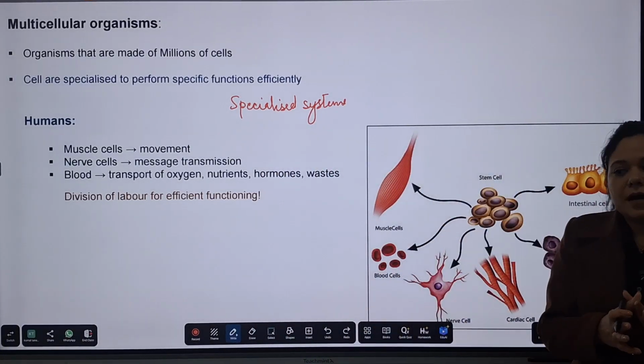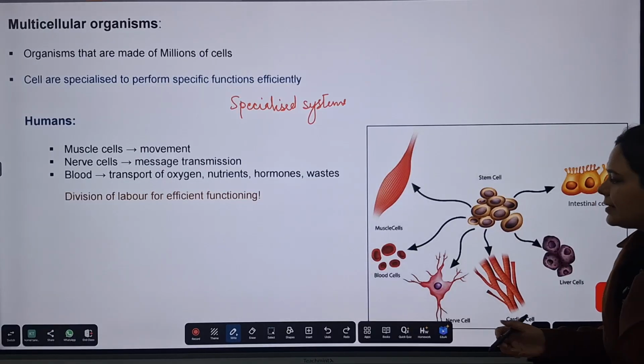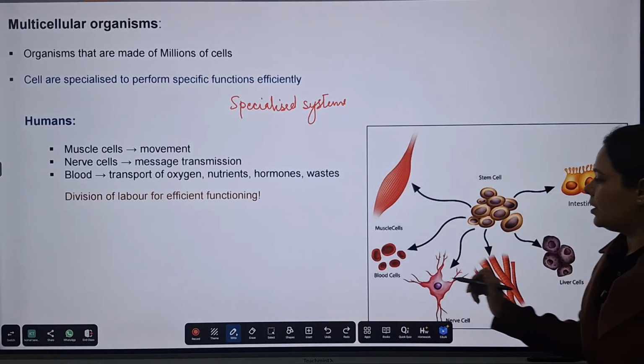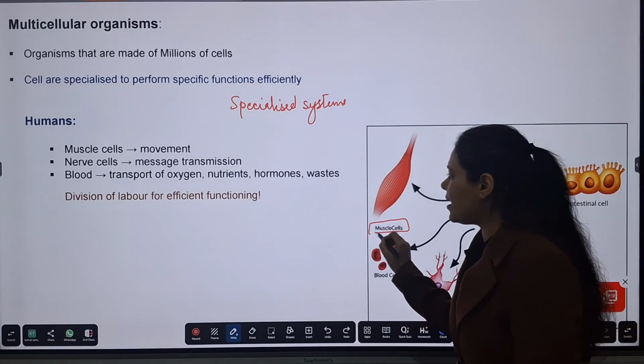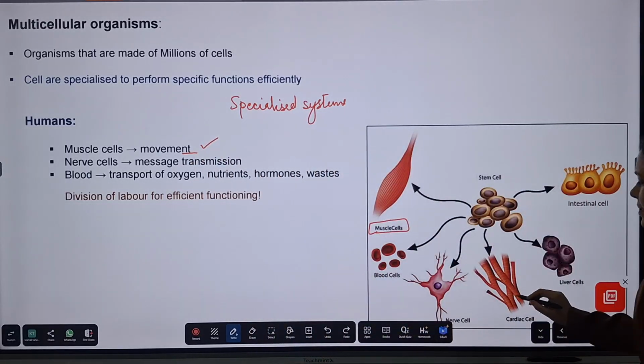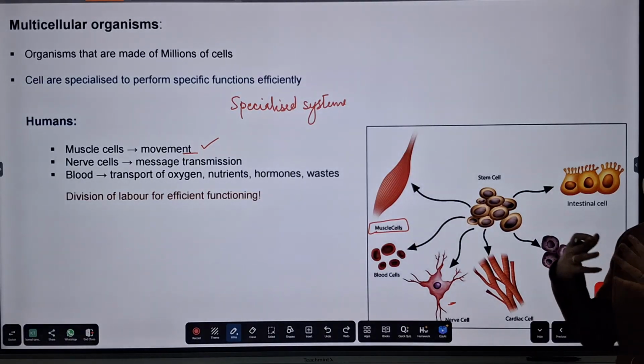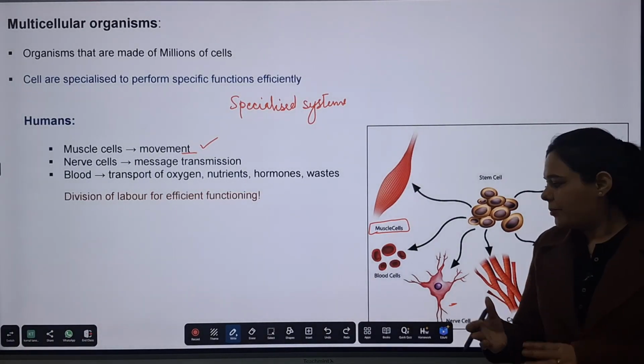Different cells are specialized to perform a specific function. For example, let's see the case of animals. In humans, muscle cells are there to perform the function of movement. Nerve cells are there for the transmission of messages, or you can say responding to the external environment.